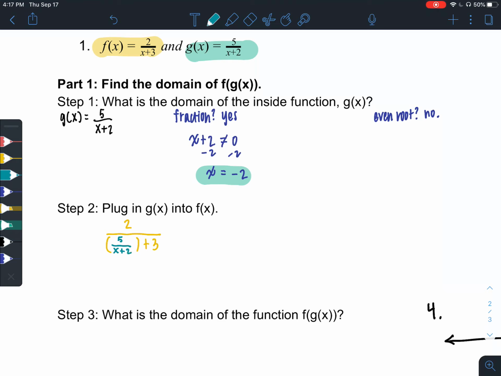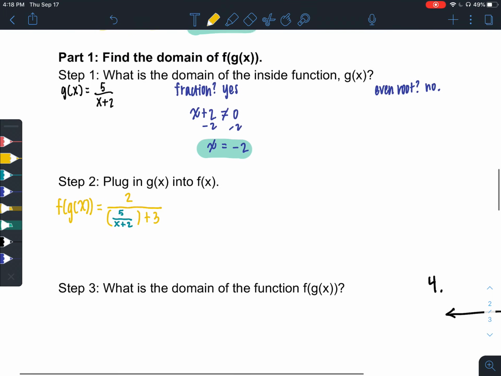So as you can see, we plugged in that g of x in for x in the f of x function. For all intents and purposes, we don't really need to simplify this for the time being. Later you might have to.